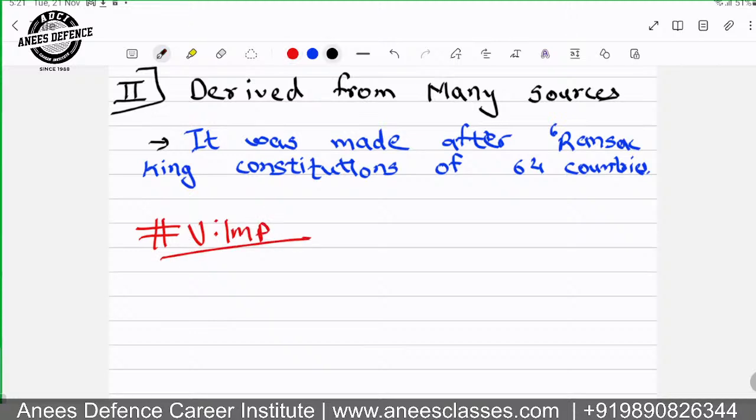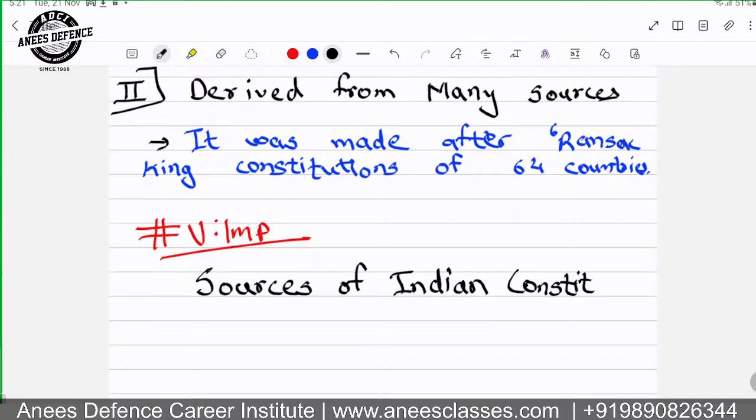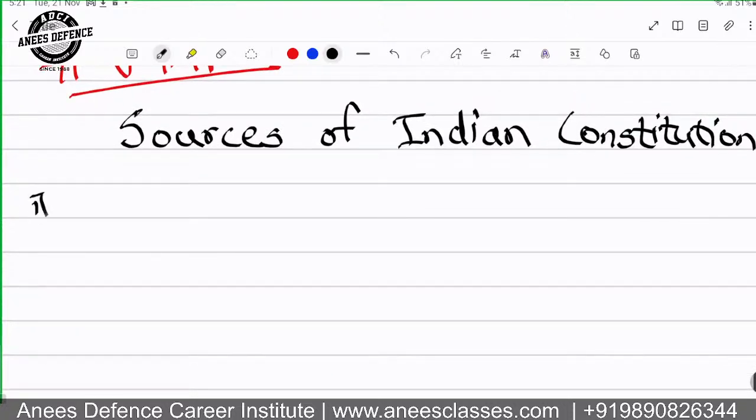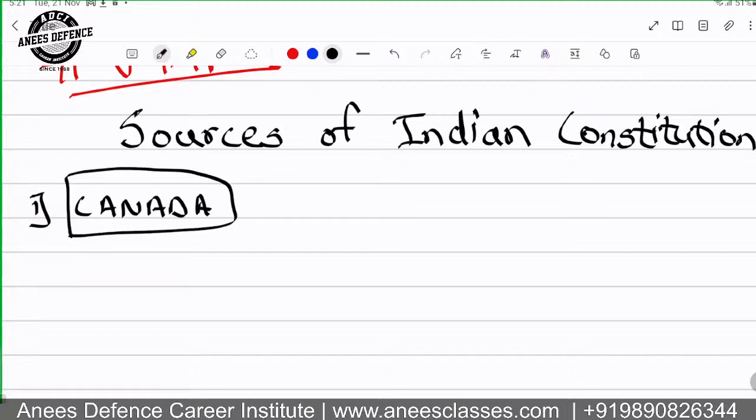First is from Canada. From Canada, we took the federal structure.